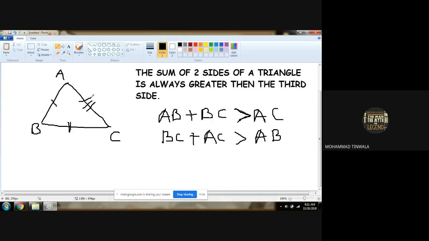If these two sides are added, AC plus AB, it should always be greater than side BC. Then only a triangle is possible. સમજાણું હવે બધાને કે નથી સમજાણું?